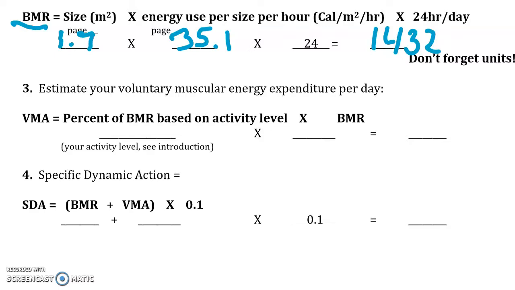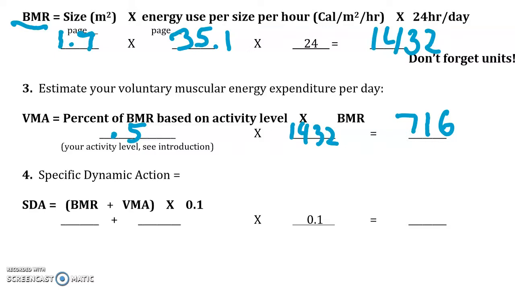Right now, we probably use less, but let's just estimate our voluntary muscle energy expenditure at 0.5 of your BMR, and that BMR was 1,432 calories. So we multiply 1,432 times 0.5, and that gives us 716 kilocalories that we would need to add to our diet in order to have enough energy for our muscle activity.